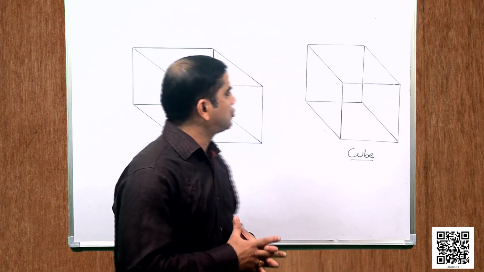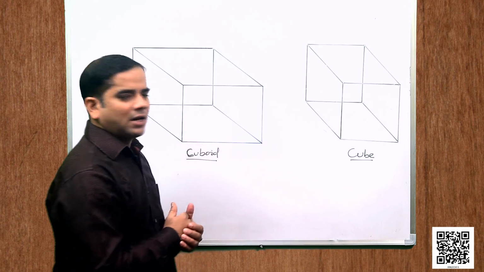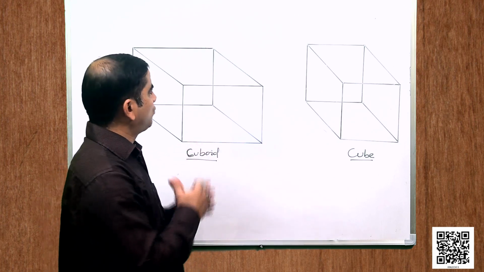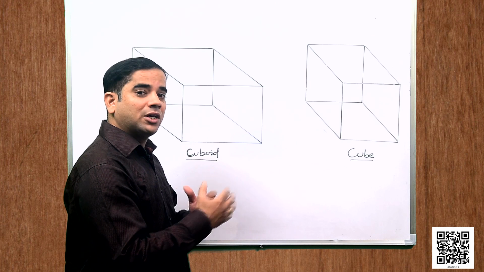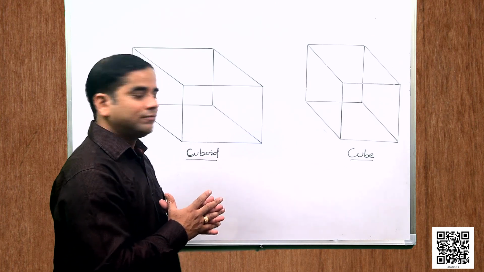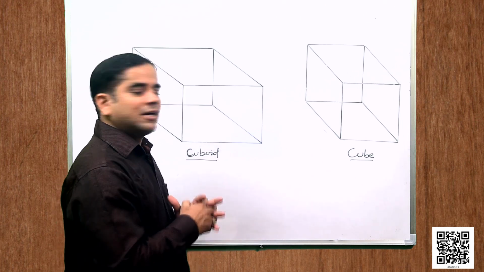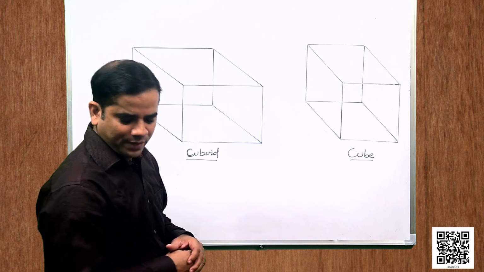Here I have drawn diagrams of a cuboid and a cube, and let us find out how we can come to the formula for the surface area of a cuboid and cube. Let us concentrate on this cuboid.